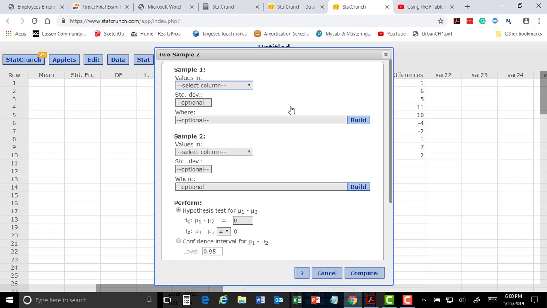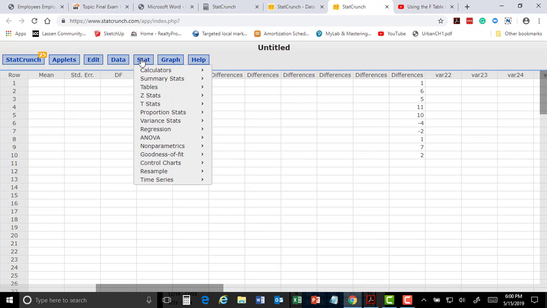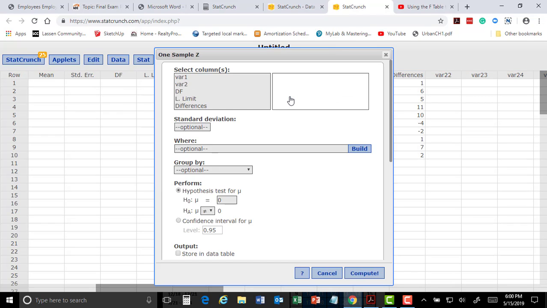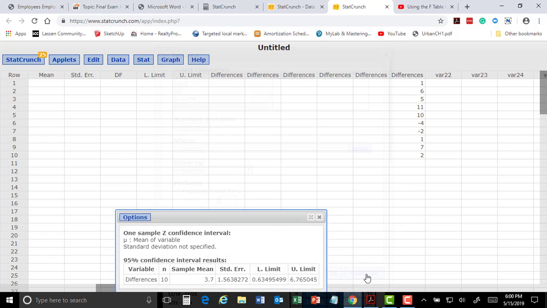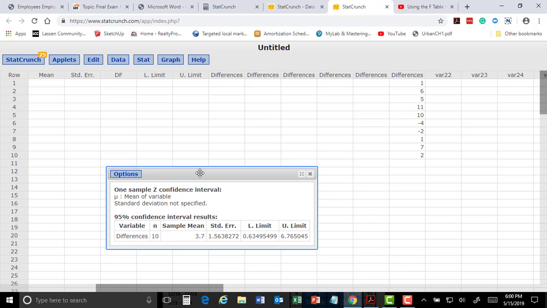I don't need two samples. I need stats, one sample with data, and it's differences, and then I want confidence. That's not right, huh? Well, the other one was closest.